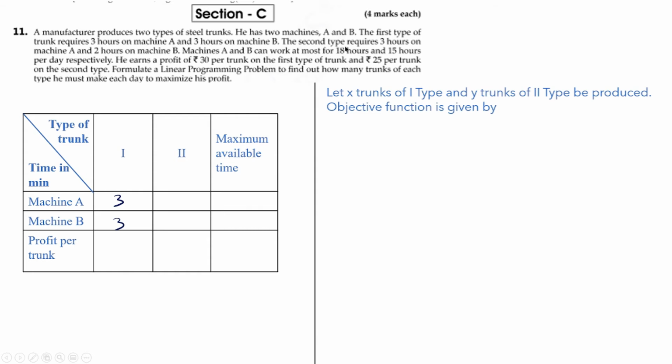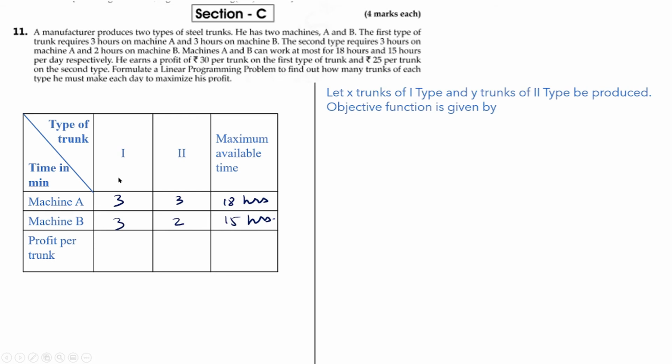Next we have the second type of trunk, which requires 3 hours on machine A and 2 hours on machine B. It is given machine A and B can work for at most 18 hours and 15 hours per day respectively. So machine A can work for 18 hours and machine B for 15 hours.